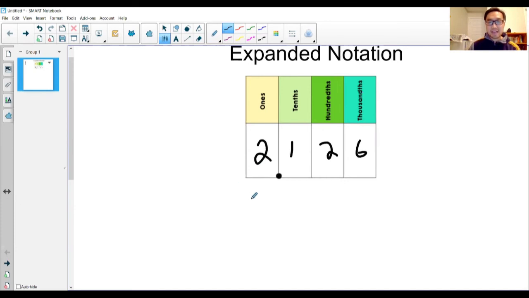I'm going to write that 2 ones is the same as 2. Then I'm going to add 1/10, which looks like 0.1. I'm going to add 2 hundredths, which looks like 0.02. And then I'm going to add 6 thousandths, which looks like 0.006.